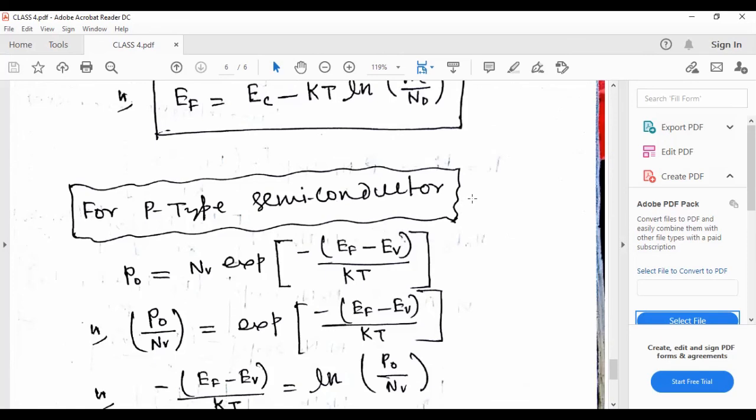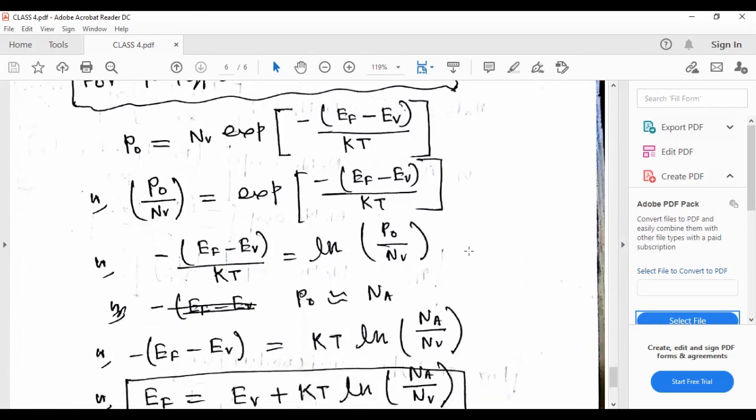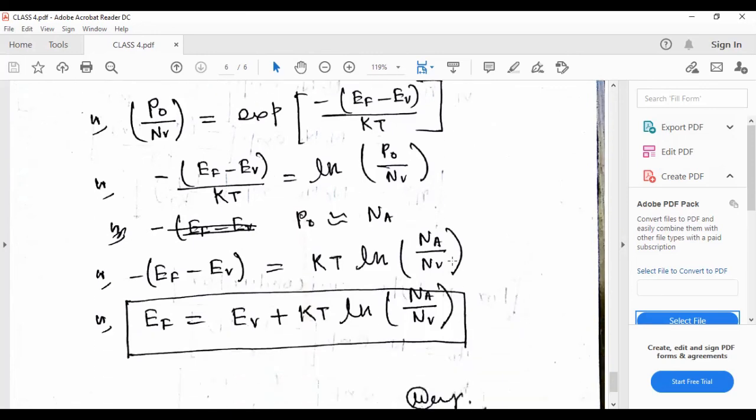If it is a p-type semiconductor, then what is the value of p0? We have derived it is Nv exponential of minus (Ef minus Ev) upon kT. So p0 upon Nv is this much. If we take the natural logarithm again and rewrite this equation, we will have Ef equal to Ev plus kT natural logarithm of Nv upon Na.